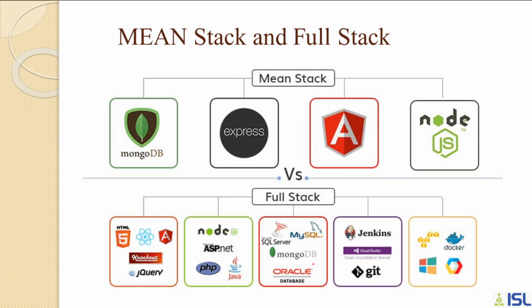There are so many. In the market now, the requirement is full stack. They want the developer to know every technology, every database, front end, back end, server side, whatever is there, and they should work.